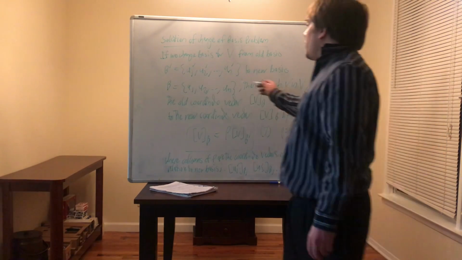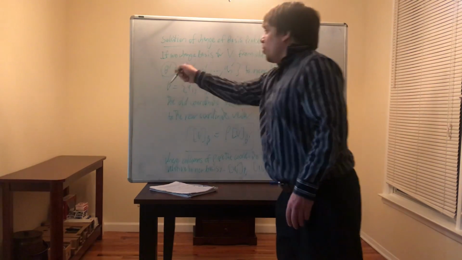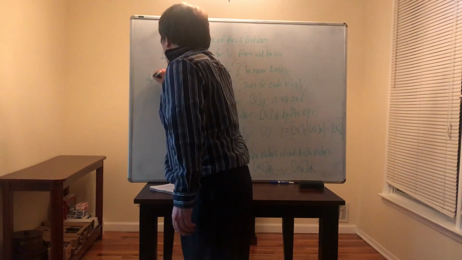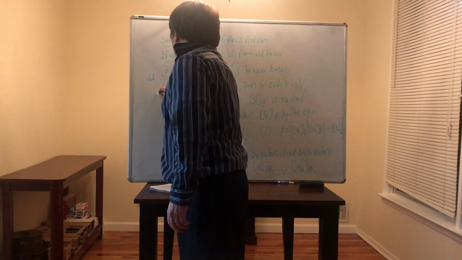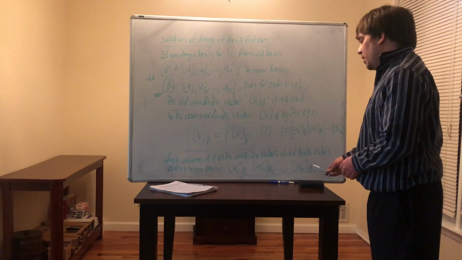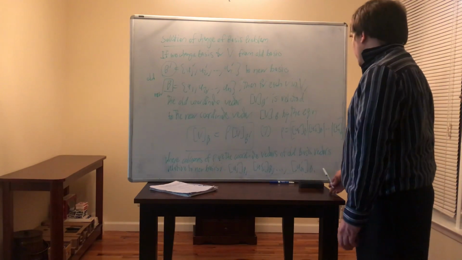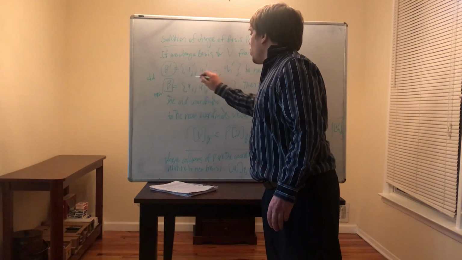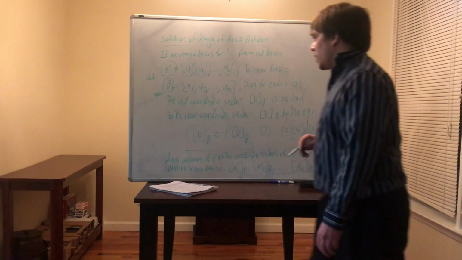Right? The old basis is B prime. That's the old one. B is the new basis. And so the columns of P are the coordinate vectors of the old basis vectors. The old basis vectors are u1 prime, u2 prime to un prime.